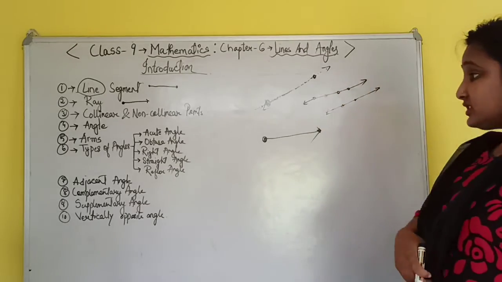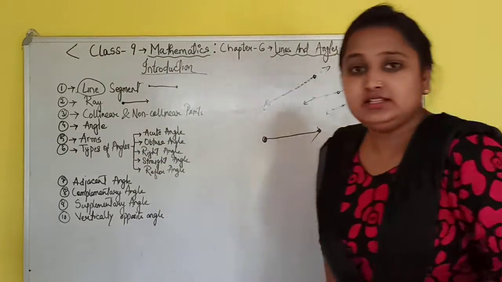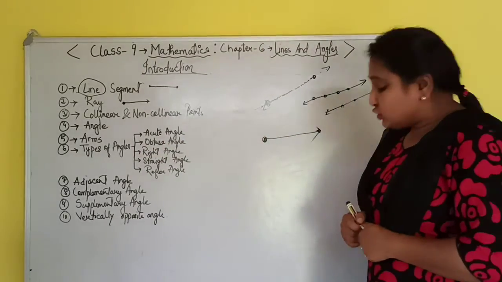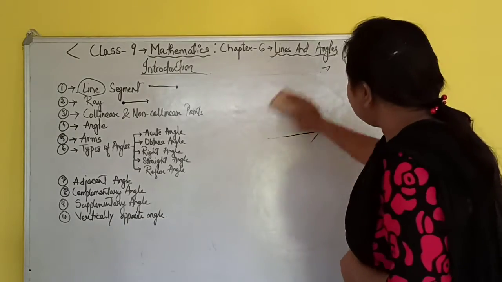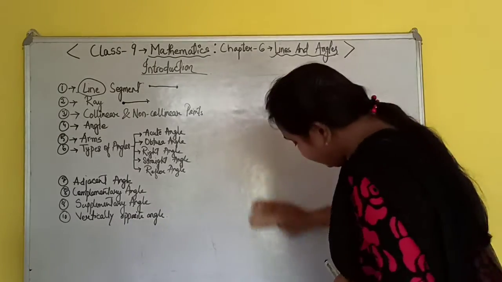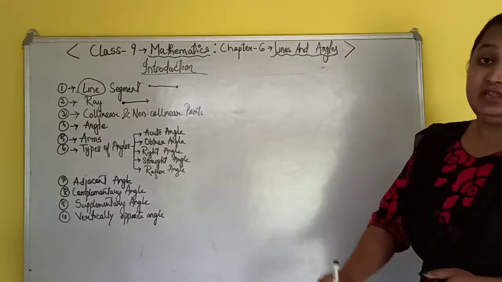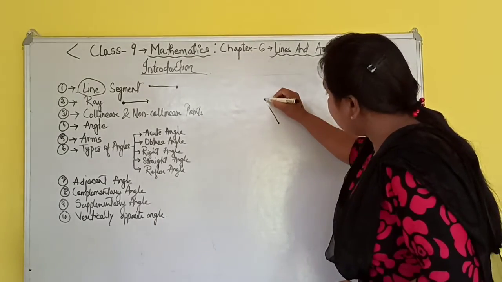So let's come to the next part, that is angle. An angle is a joining of two rays. Suppose this is a ray, as I have explained.